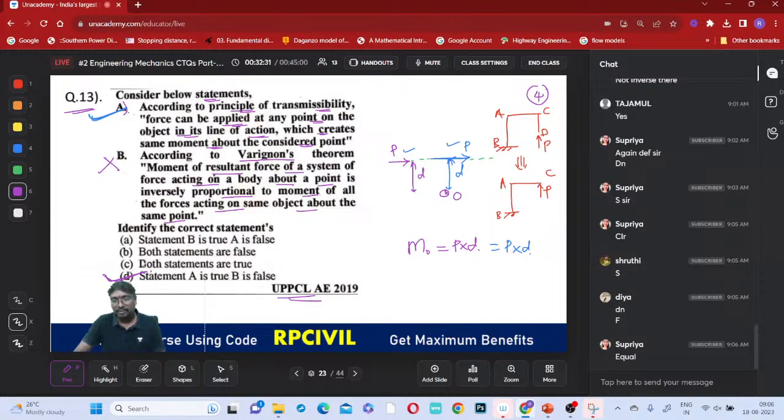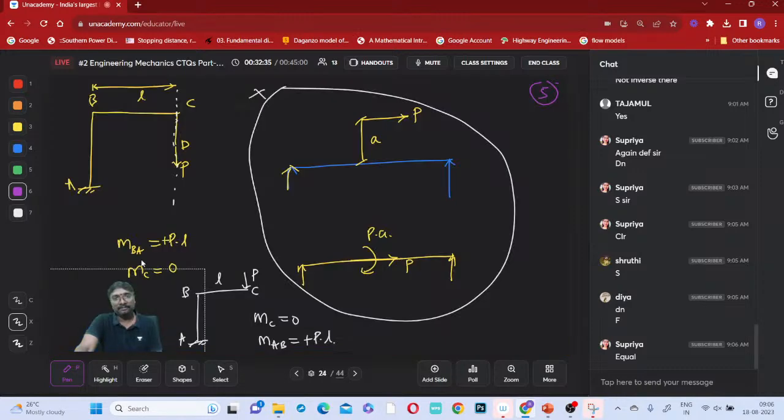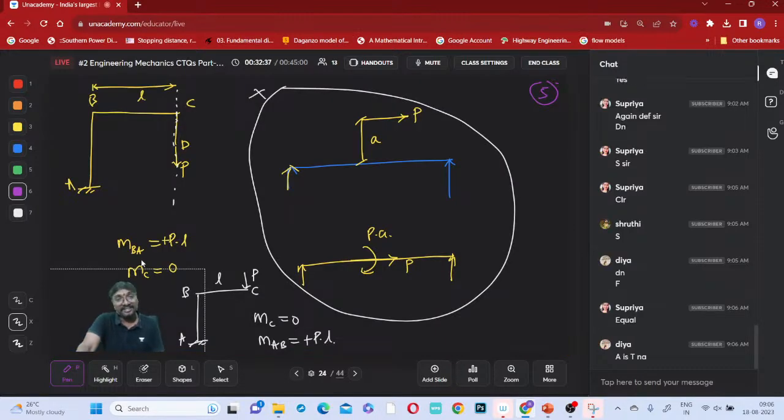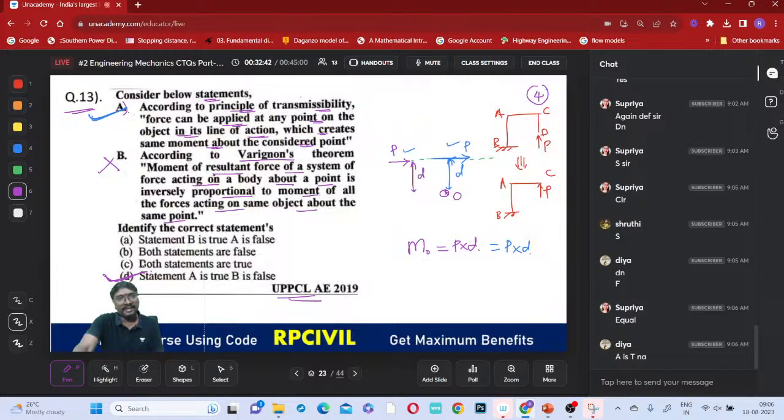Shall I move to the next question, 14th question? Principle of transmissibility and Varignon's theorem, both are correct or not? Statement A is true, B is false.